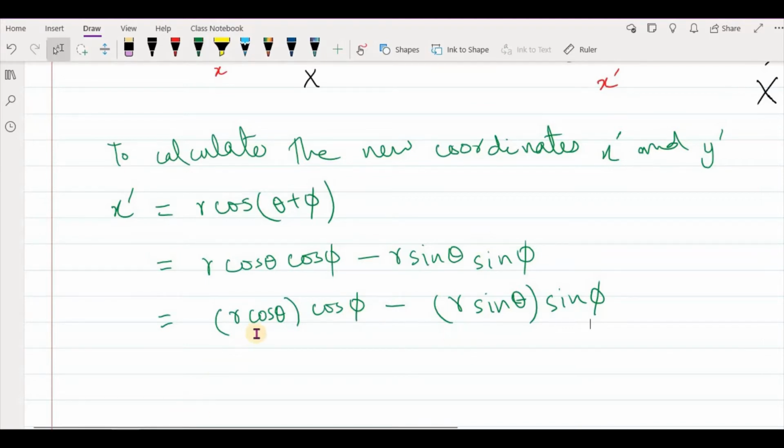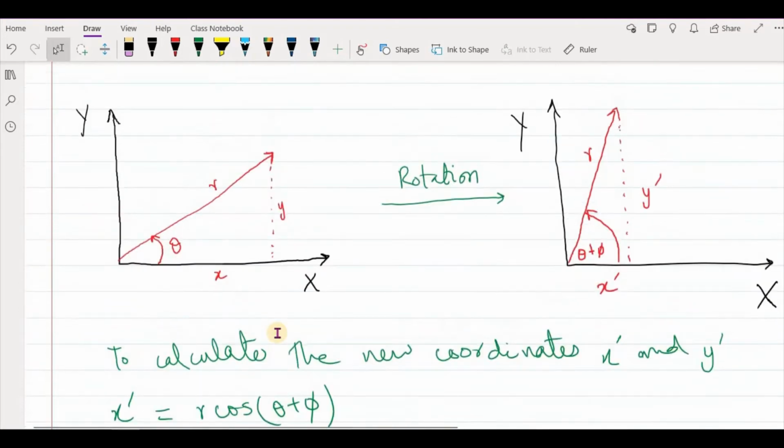Now if you notice this r cosine theta, we can calculate the value from here. R cosine of theta, using this right angle triangle, we know that this is equal to the x component of this, which is the base. So here we have the 90-degree angle, and this is the base. This is perpendicular, this is hypotenuse.